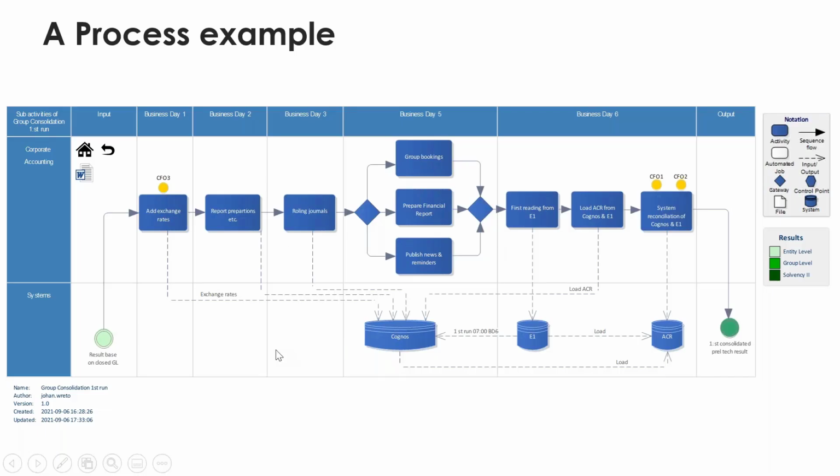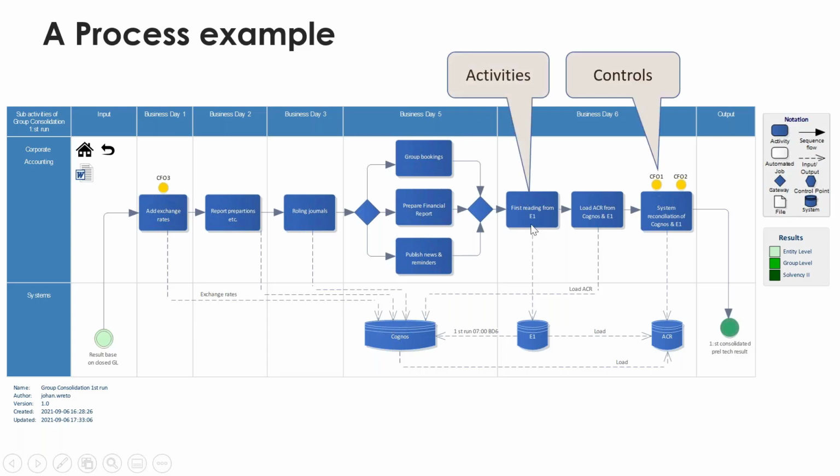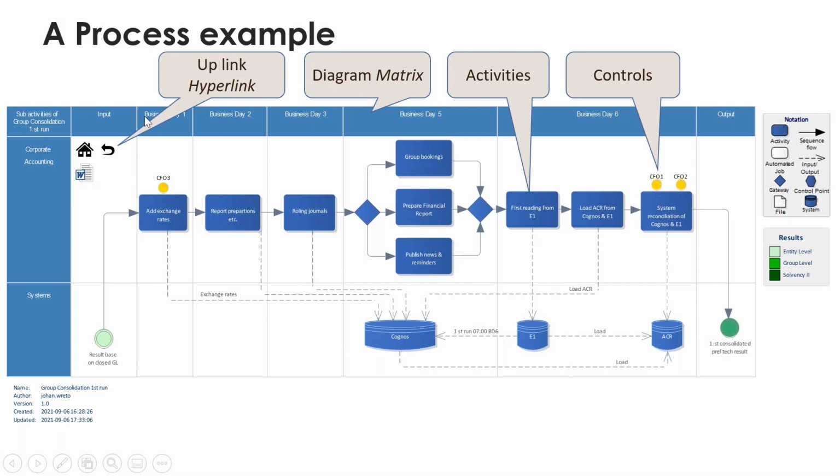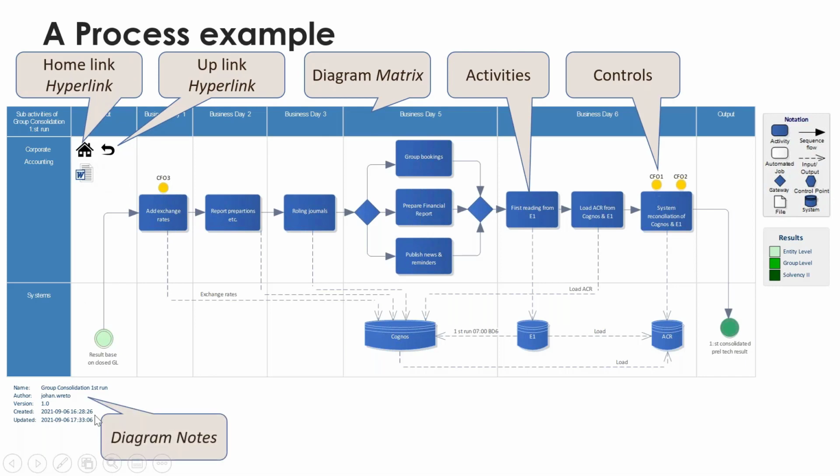So this is the way the processes look, and here we can see that we have connected controls to the process. We have activities. We have this matrix in the background saying what's done each day. We have a hyperlink which gives us a way of going upwards. We can go to a start page. We have the diagram notes telling who's done this.